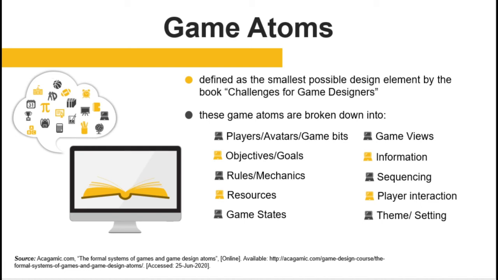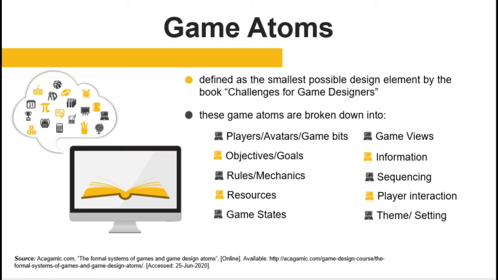Information. All the information necessary to play the game. Sequencing. The order in which rules unfold, similar to turns in a board game. This is important for thinking about when the information in a game changes. Player interaction, the types of interaction allowed for players. Theme or setting.